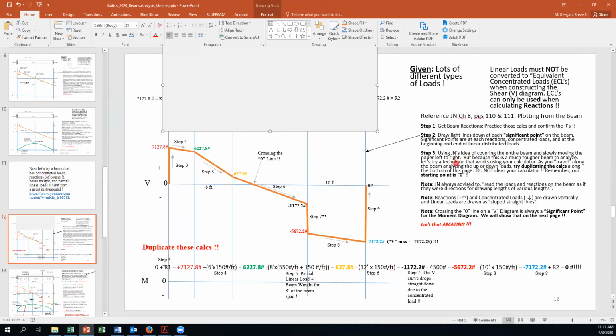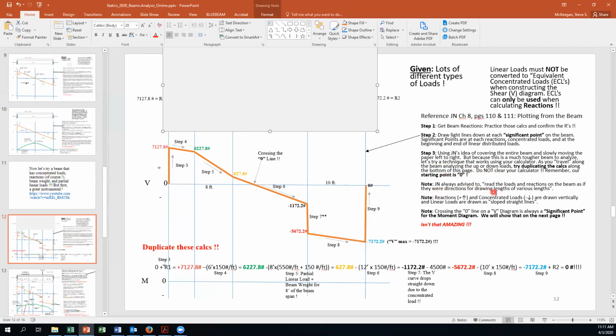We slowly move the paper left to right. So we're going to do both JN's method and we're going to talk about these calcs. As you travel along the beam, analyze the up or down loads, try duplicating the calcs along the bottom of this page. Don't clear your calculator. Remember, our starting point is 0.